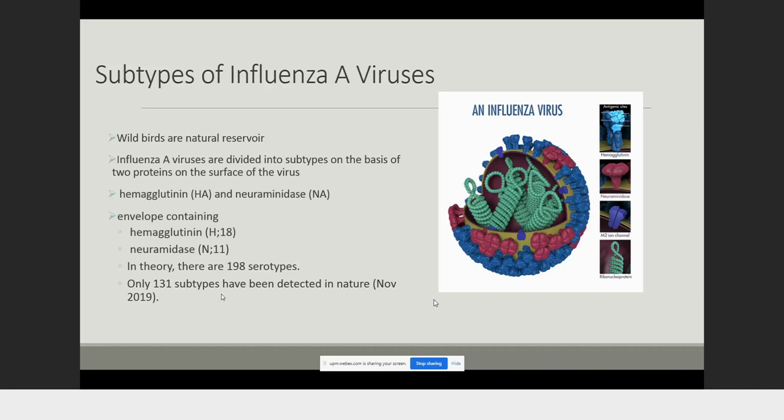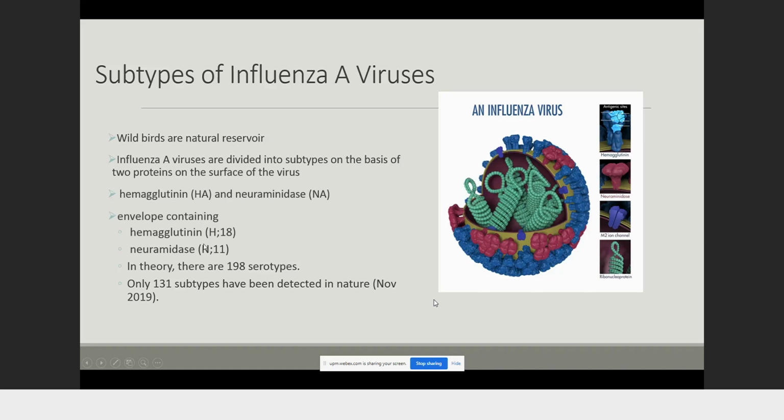So basically how we get these numbers is actually based on the number of envelope proteins. So we see here the blue color indicates the H protein, while the red color indicates the neuraminidase protein. So these numbers actually represent which subtypes they belong to.